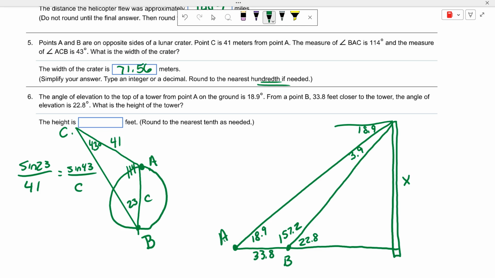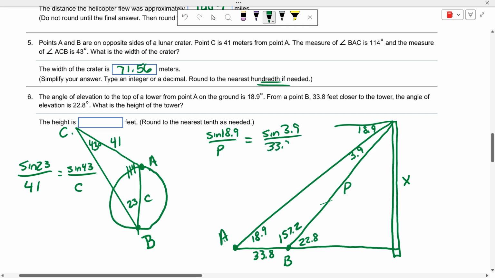Now I have enough to figure out a side of this triangle. I can figure out this side of this triangle, right? So let's just call it P. So P is opposite 18.9, so I go the sine of 18.9 over P equals the sine of 3.9 over its opposite side of 33.8.